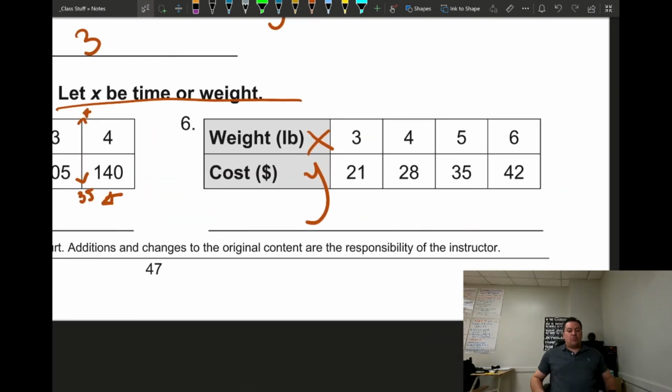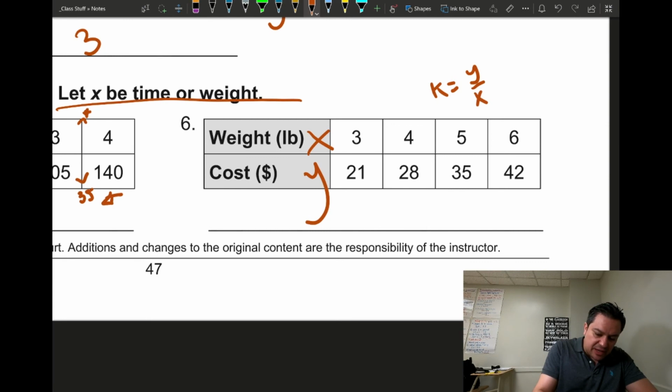Okay, number 6, weight and cost. So basically this is probably gonna be, how much are 3 pounds of apples? I don't know. Well, for 3 pounds, you're gonna pay $21. For 4 pounds, 28. For 5 pounds, 35. 6 pounds, 42. So if we pick one of these, I'm gonna do it the other way. k equals y divided by x.